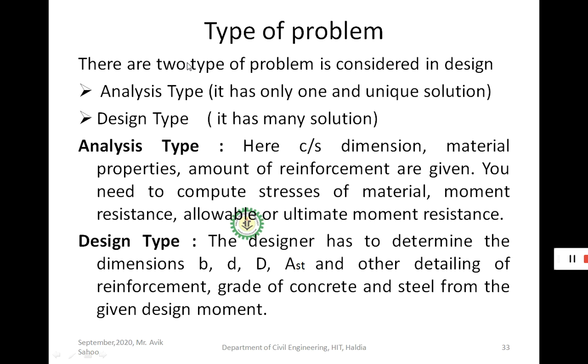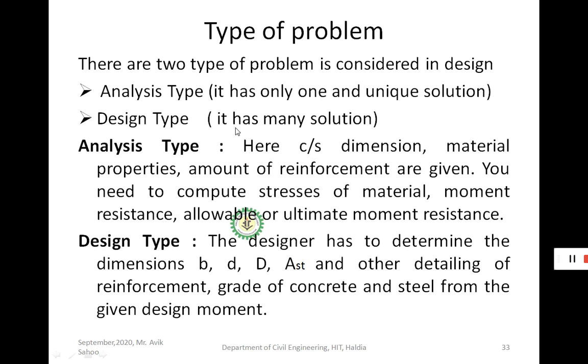You know that an analysis type of problem has only one unique solution. It means that if the data are given, everyone gets the same answer. And a design type problem has many solutions, because a lot of things have to be considered, so it depends on you.